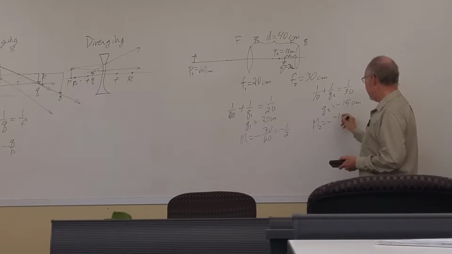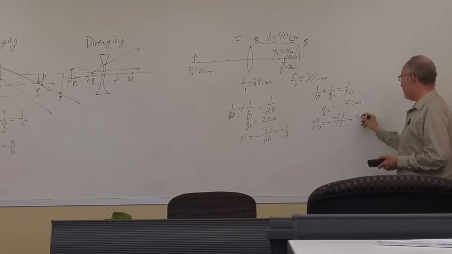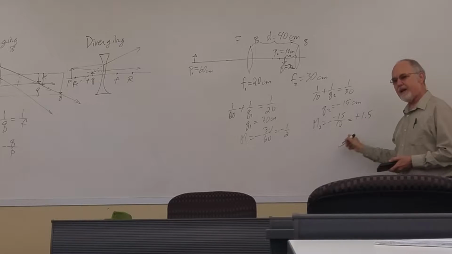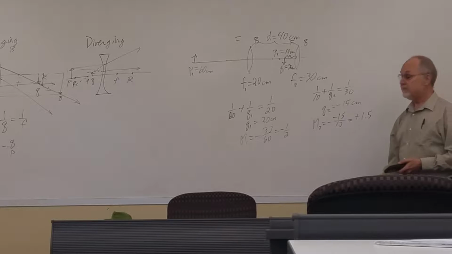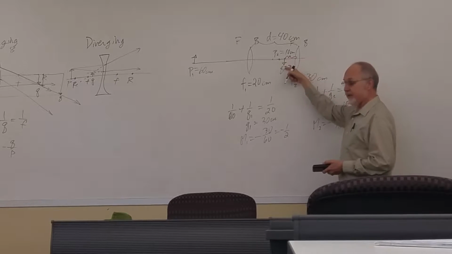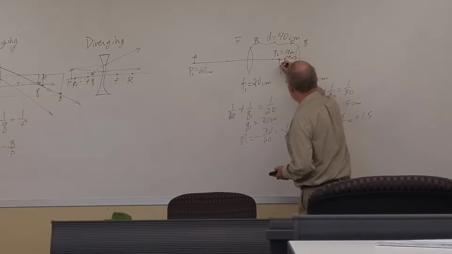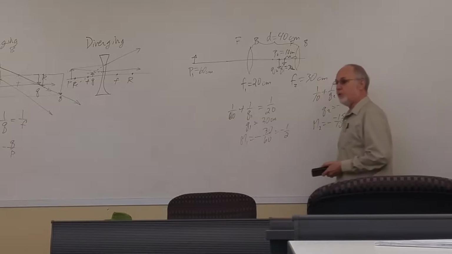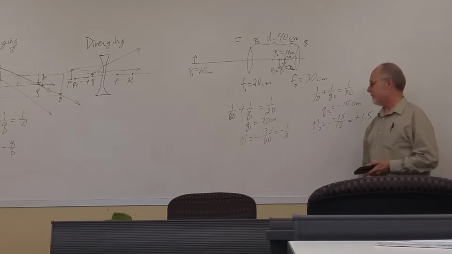So minus the negative 15 over positive 10, which would give me then a plus 1.5. So it's 1.5 times bigger than its object. Well, its object was pointing down, and therefore this is also pointing down, and it's larger. So there's my Q2. Again, just a sketch of what's happening there.